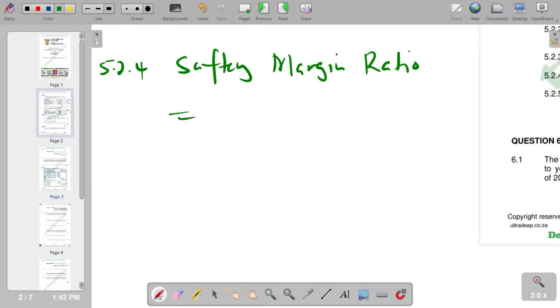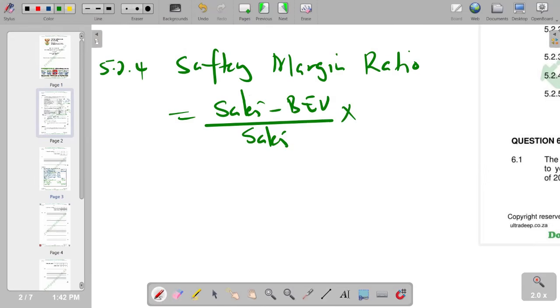Safety margin ratio is equal to sales minus break-even value, then we divide by sales. You multiply by 100 over 1 to express it as a percentage.